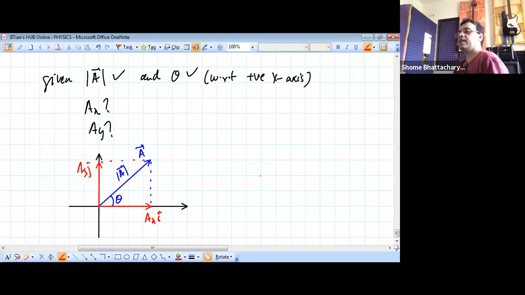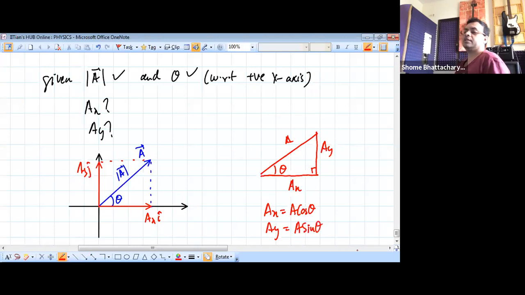You can see that the right angle triangle is such that this is Ax, this is Ay, this is magnitude of A, and this angle is theta. So you can see that Ax becomes A cos theta, Ay becomes A sin theta.